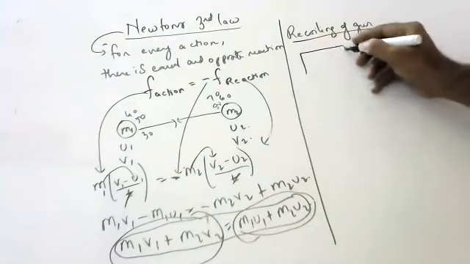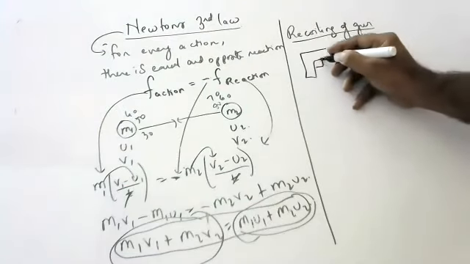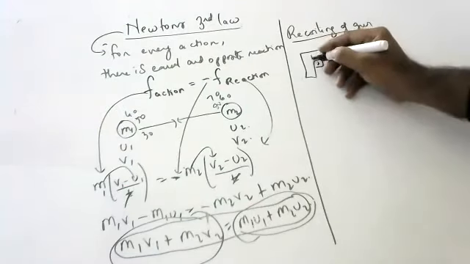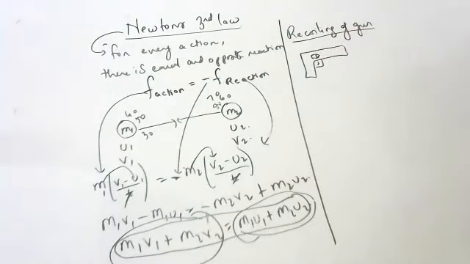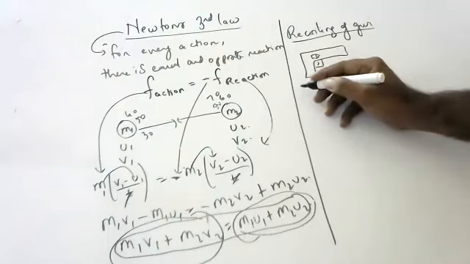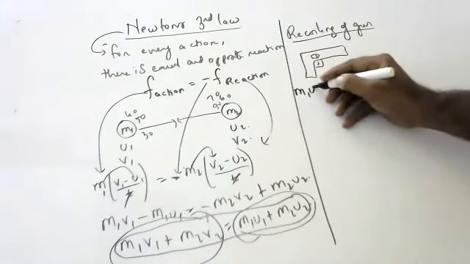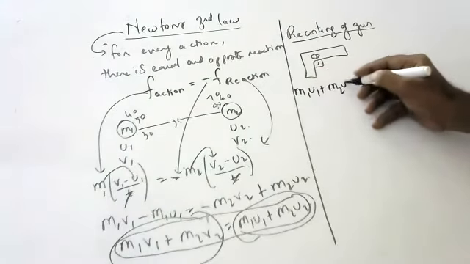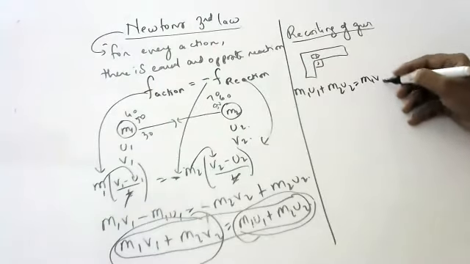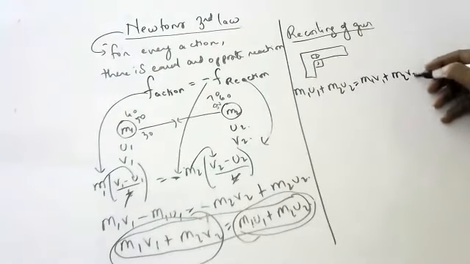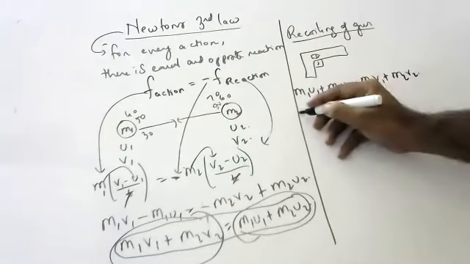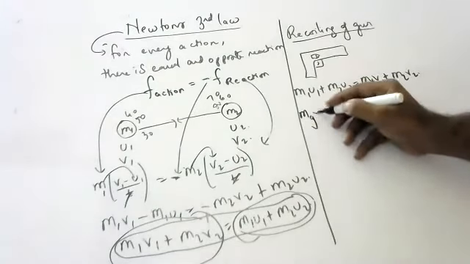Children, this is the gun. This is the bullet. Imagine, initially, m1 u1 plus m2 u2 is equal to m1 v1 plus m2 v2. Try to understand. Mass of gun is m1.